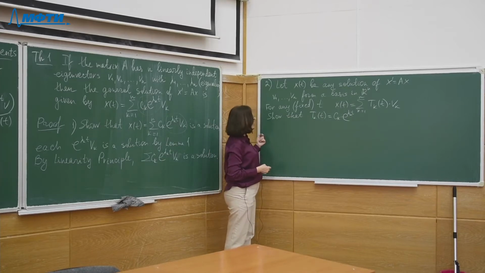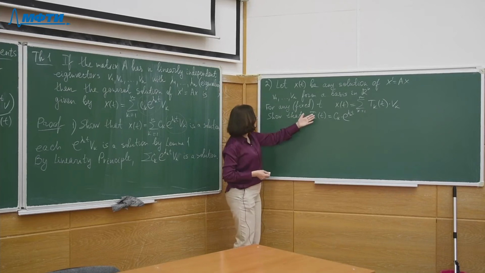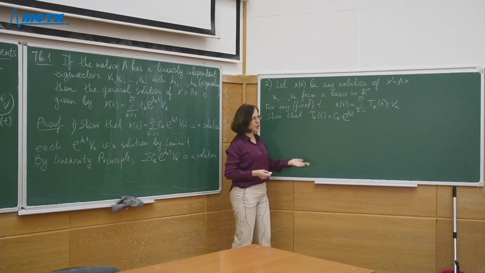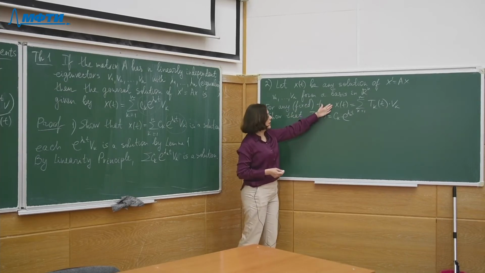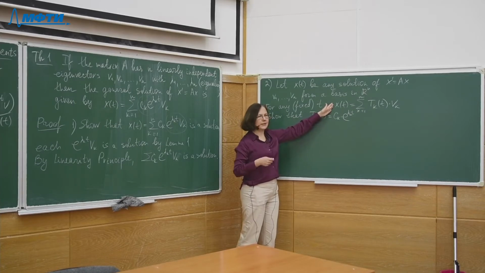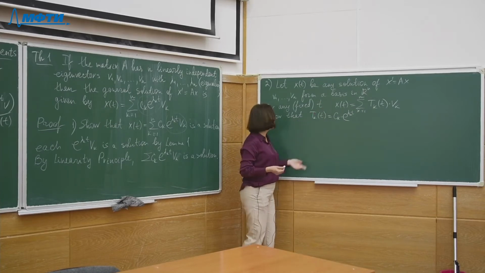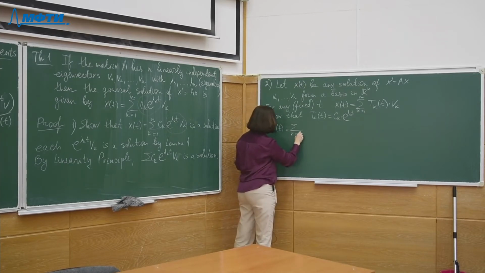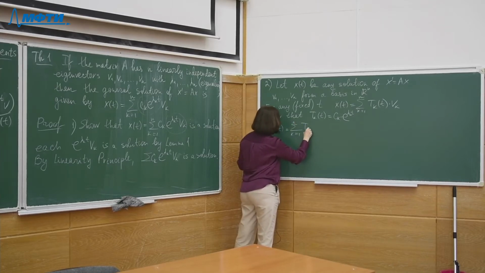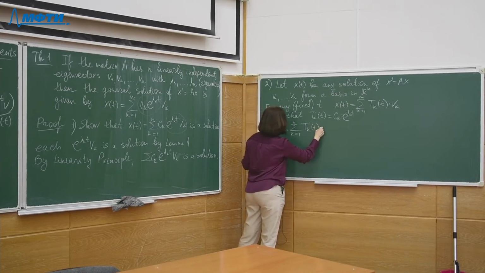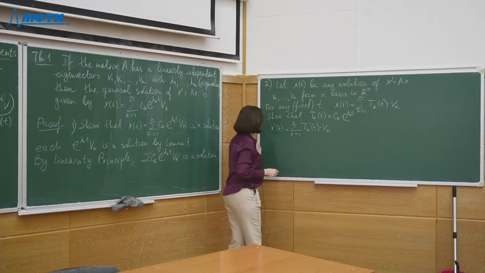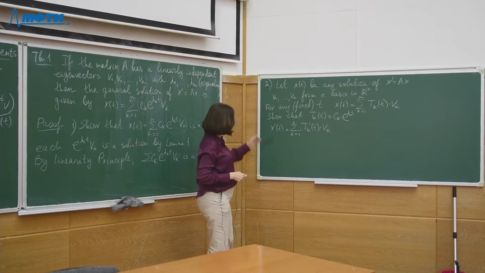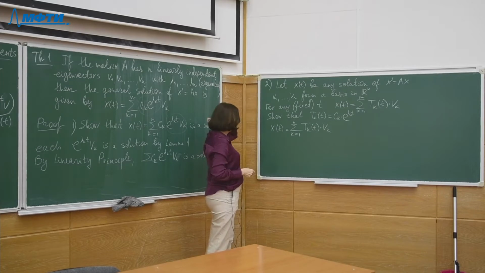Well, let's show this. Since x of t is a solution, this function must satisfy the differential equation, right? So let's find x prime of t. It is equal to the linear combination of t_k prime of t times v_k.